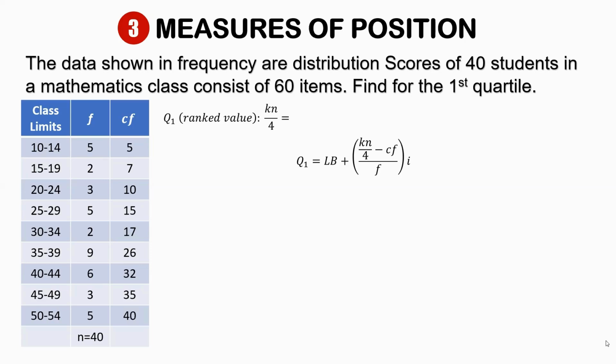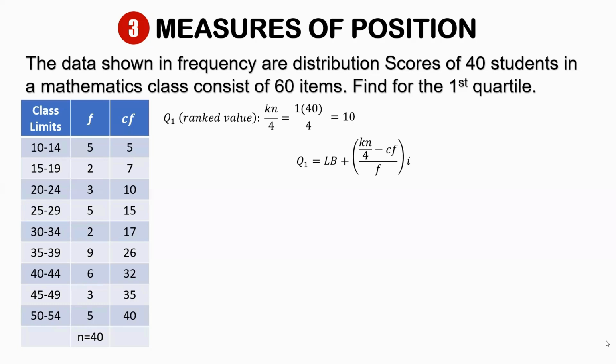So what is the value of k here? The value of k here is equal to 1, that is the position that we are looking for, the first quartile. That is 1 times 40, that is the value of n, which is 40, divided by 4. So that is equal to 10.